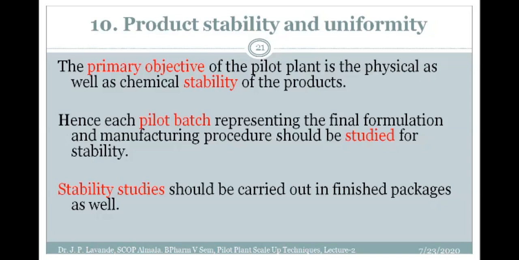In order to get the safe, stable, and effective product, it is necessary that all these should be considered. The attention should be paid to all these. And if, by paying attention, we are not getting the stable product, then again, it is wastage only.